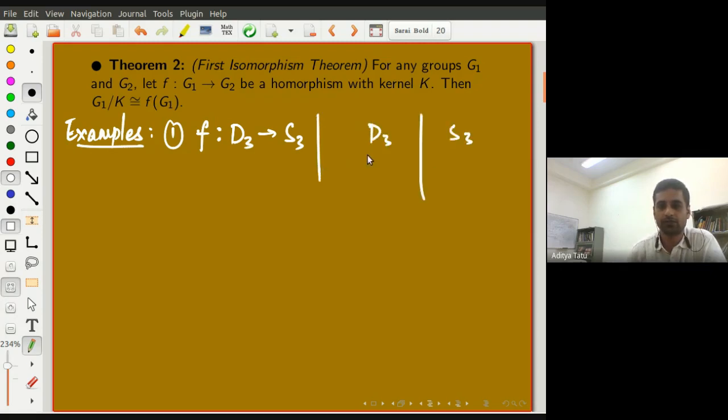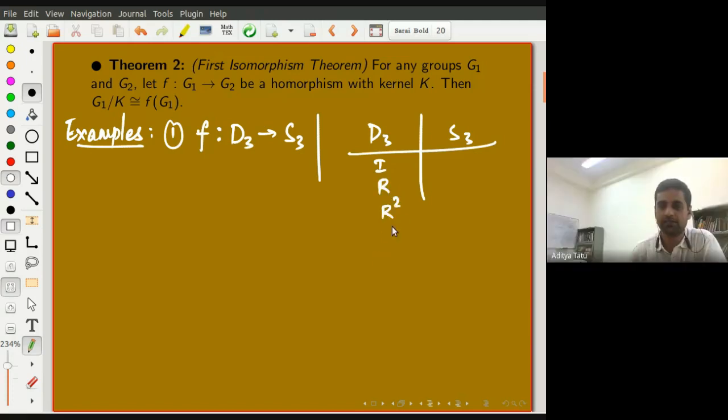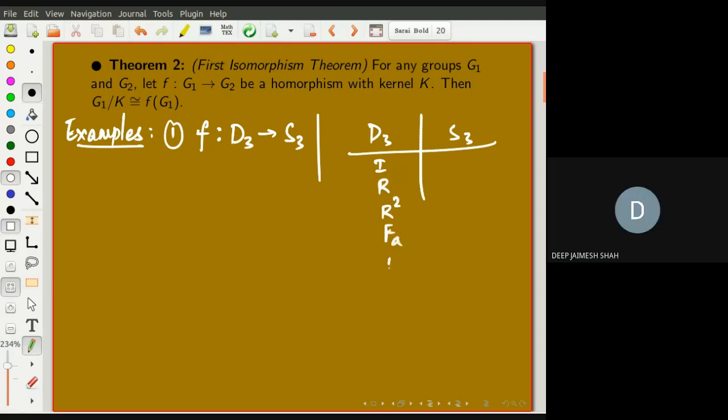D3 and S3, what are the elements? I, R, R square, and the reflections. S3 is your identity, 1 2 3, 1 3 2, 1 2, 2 3, 3 1 3.